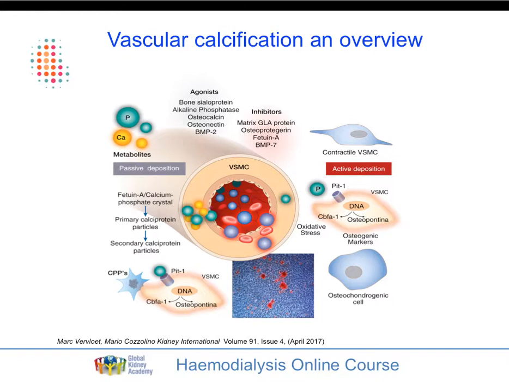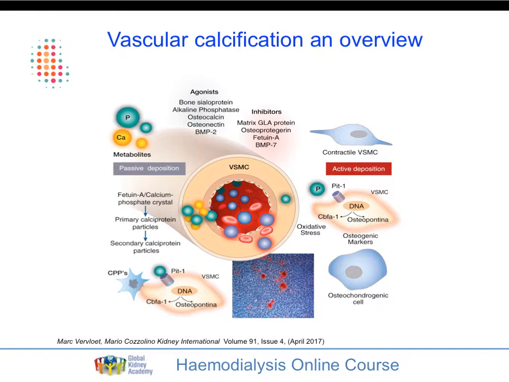Initially calcium phosphate complexes are scavenged by fetuin-A, but that process can then be overwhelmed, leading to primary calciprotein particles that evolve into a secondary particle. So that's one aspect of, if you like, passive calcification.